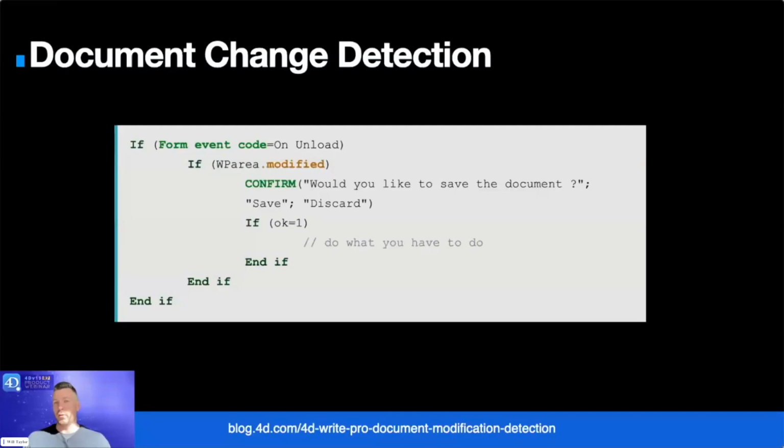So this is actually a read-write property of 4D Write Pro document. And unlike WK date modified, WK modified is volatile, meaning that it's not stored in the document.